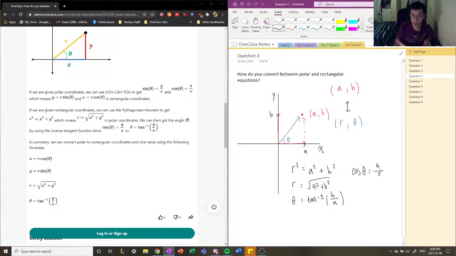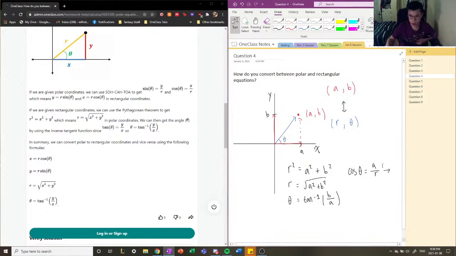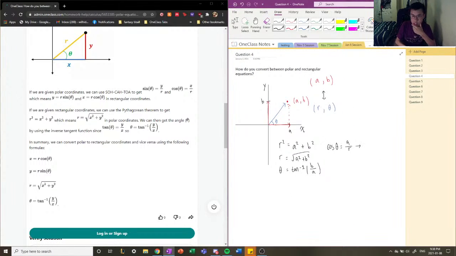So if we were to rearrange this, we would get a equals r cosine theta. So we now know that our x coordinate can be found by having the length of the hypotenuse multiplied by cos theta.